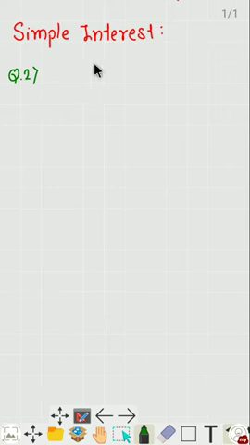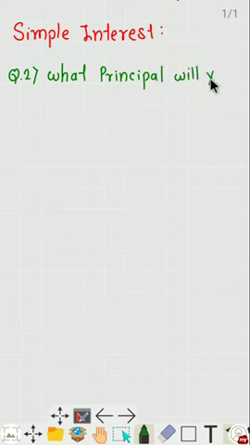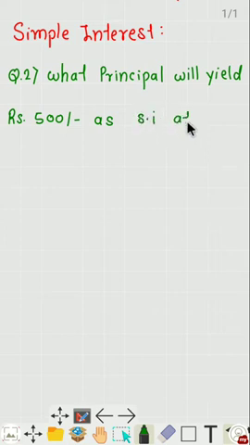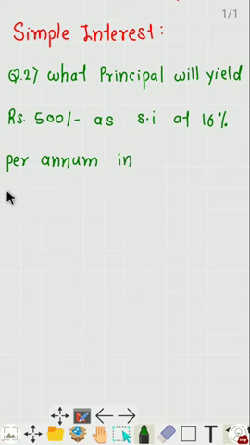What principal will yield rupees 500 as simple interest at 16% per annum in first, in 1 year, second, in 5 years.